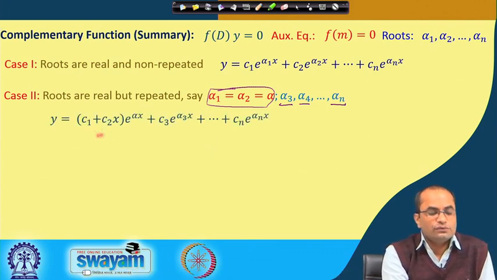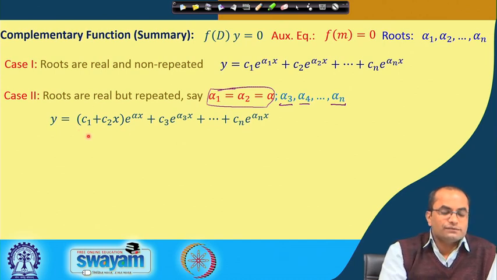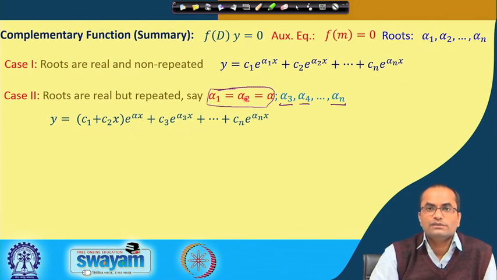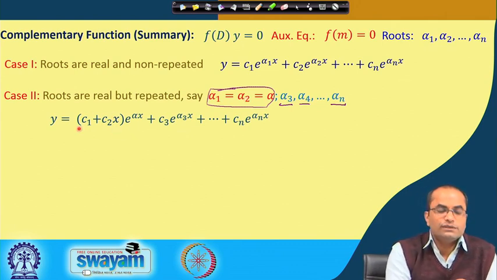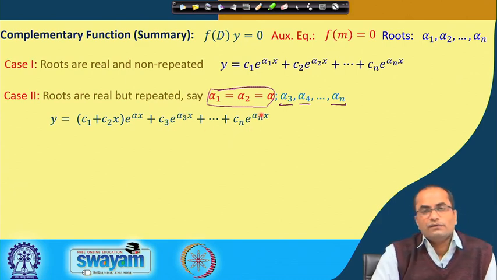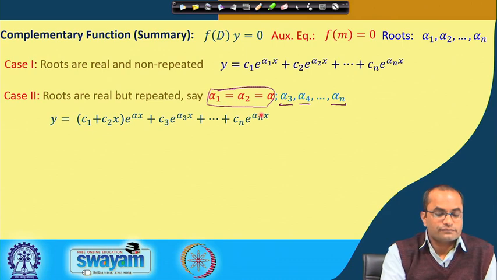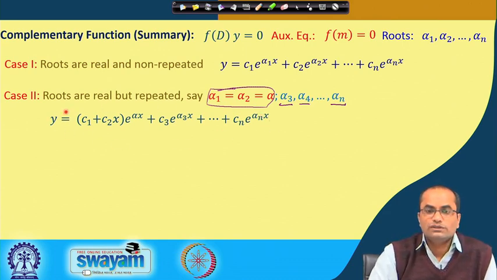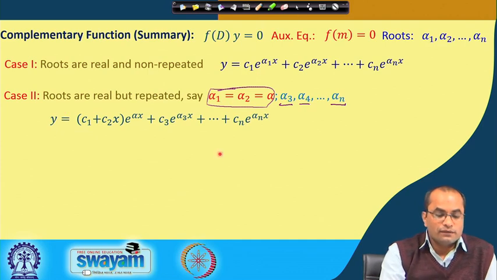For the root repeated 2 times, we get a linear polynomial: (c1 + c2 x) e^(alpha x), and all others are non repeated, so c3 e^(alpha3 x) up to cn e^(alpha n x). That will be the general solution of the given homogeneous differential equation.